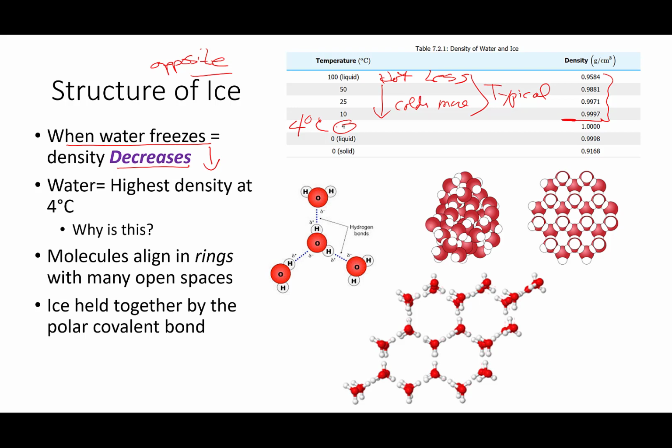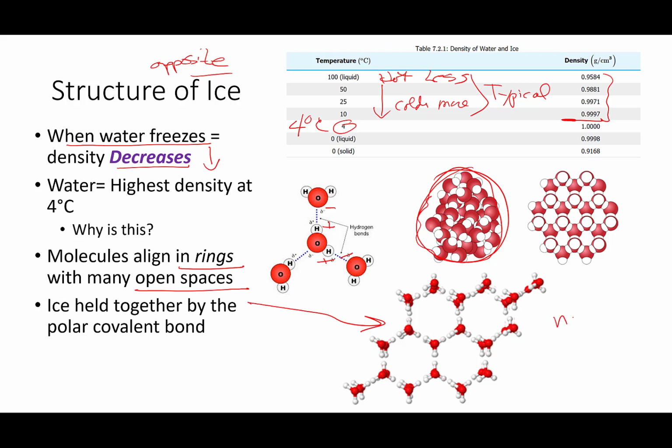Because of the polarity of the bonds, because the molecules are going to orient themselves negative, positive, positive, negative, as it starts to go from a liquid state where the molecules are all snuggled up together, it forms into a crystalline ring structure with a lot of open spaces in between, and it actually increases in size.